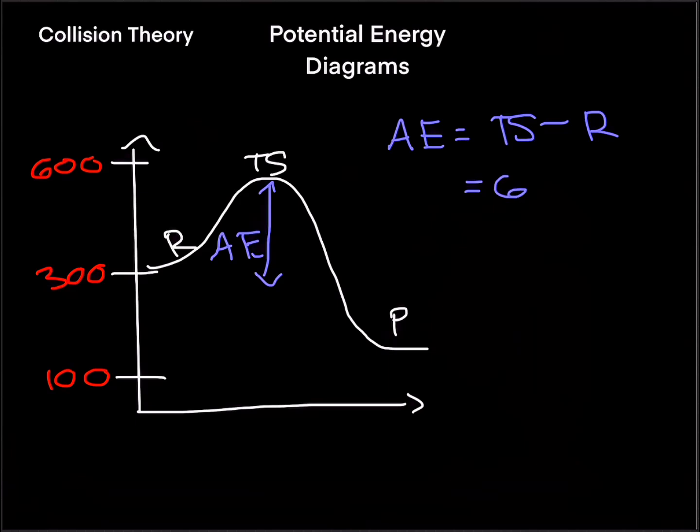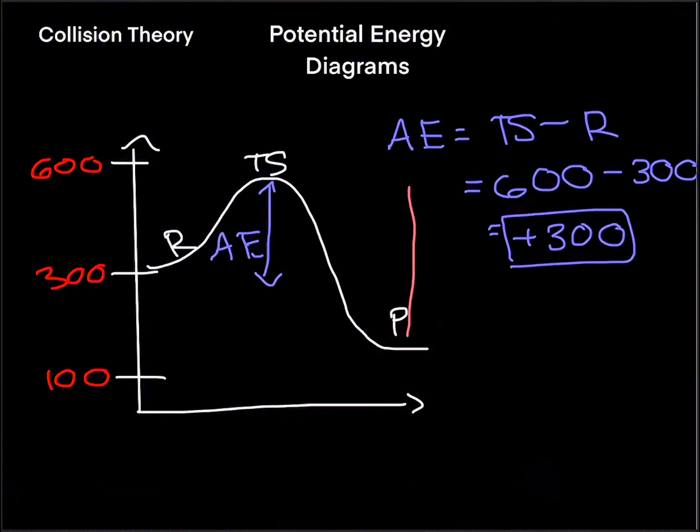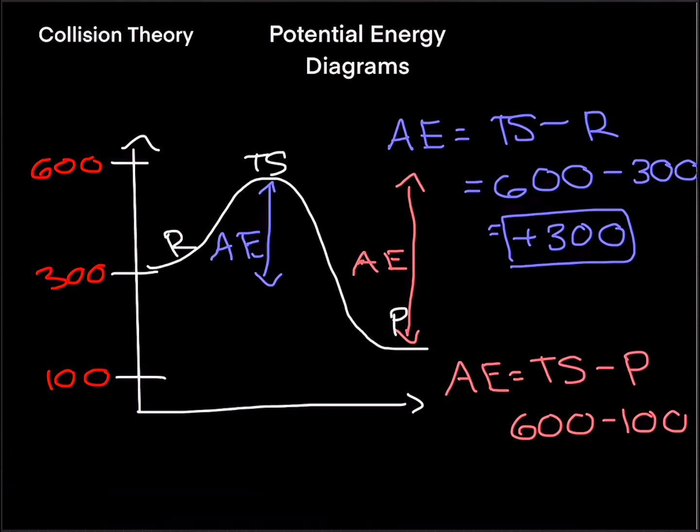So in this case, that's going to be 600 minus 300, so the activation for the forward reaction is positive 300. Now, if we wish to calculate the reverse activation energy, we have to subtract the energy of the products from the transition state. So that's going to be 600 minus 100, which is positive 500.